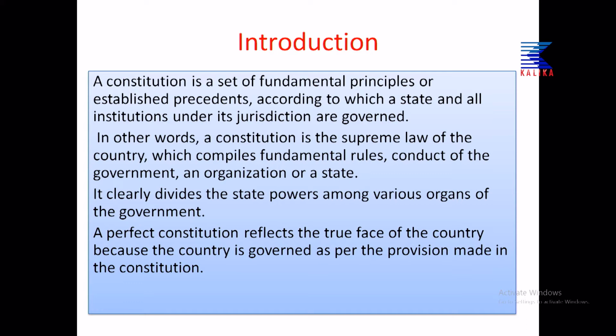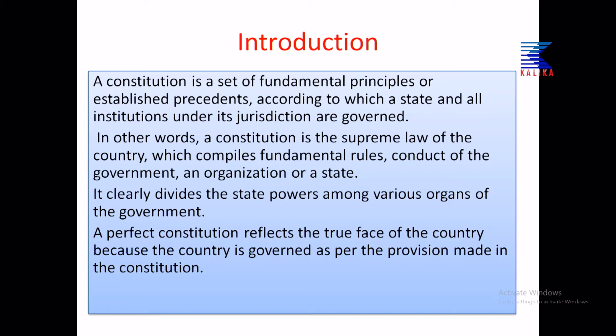Jurisdiction means the territory where the power can be exercised, or in Nepali we call it Kshetra Adhikar. So, from this definition we become clear that the constitution is the fundamental principles or established laws according to which a state and all the institutions which come under it are governed.